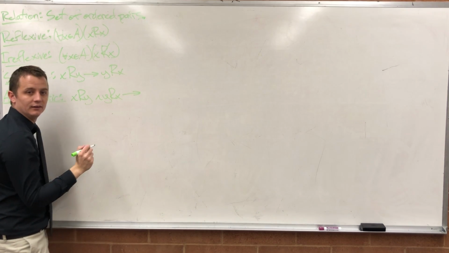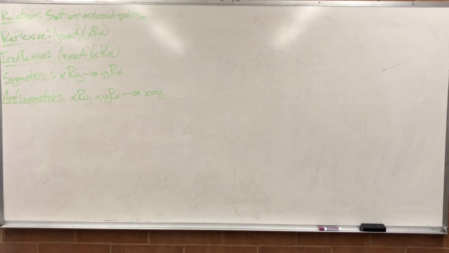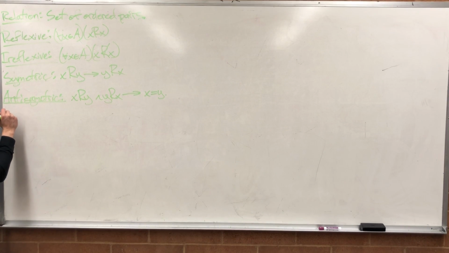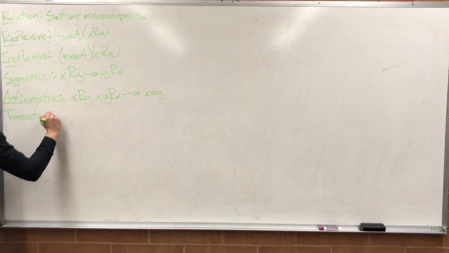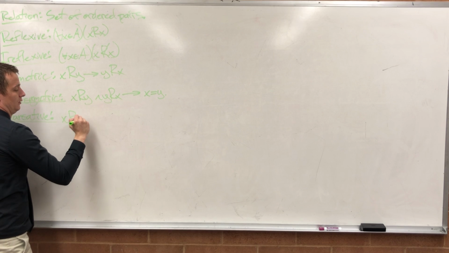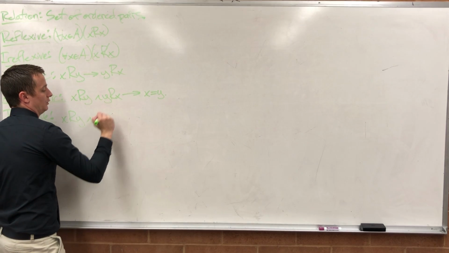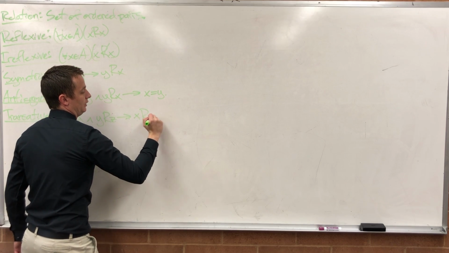That x is equal to y. x and y are the same thing. Right? And then what's the last one we're missing? Transitive. And what was transitive? If x is related to y and y is related to z, then that implies x is related to z. Good.